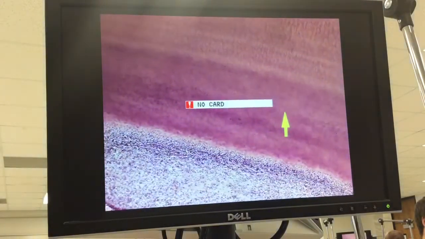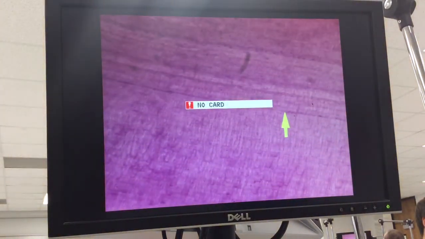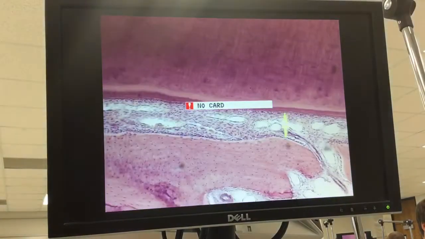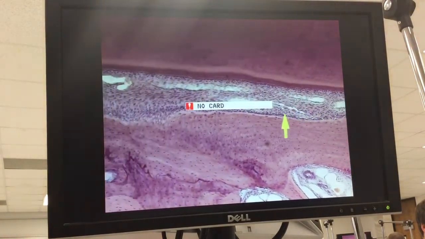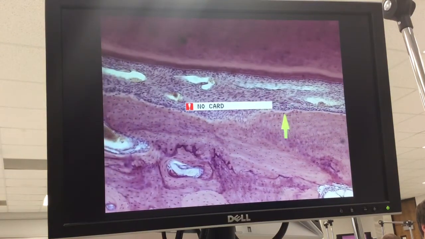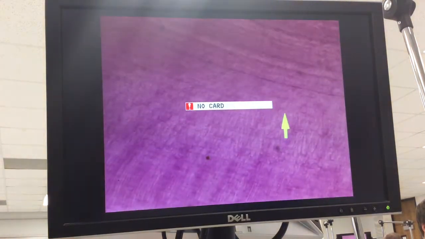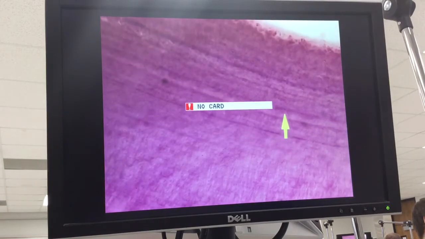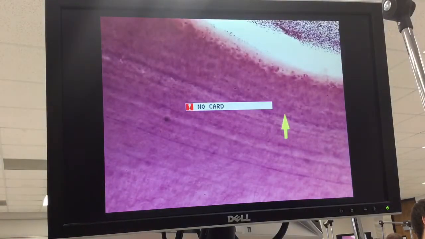And more lines of Owen right there. Also on these slides, you may find some osteoclasts along the alveolar bone. Okay, well, line of Owen there, line of Owen there, there, and also there.